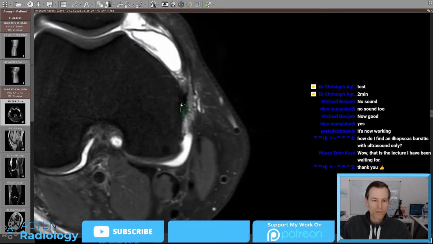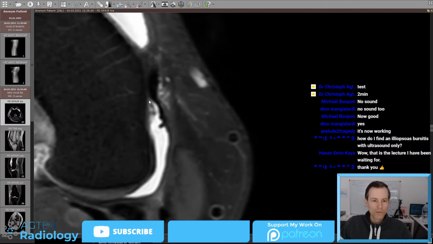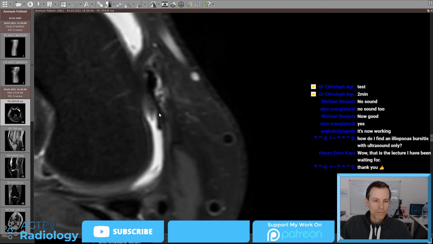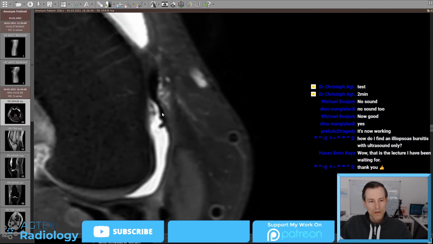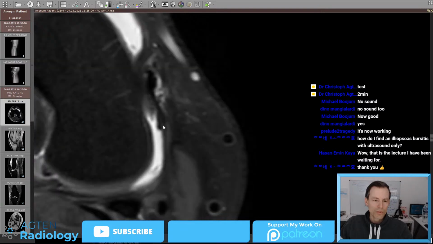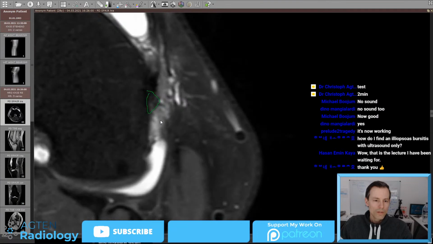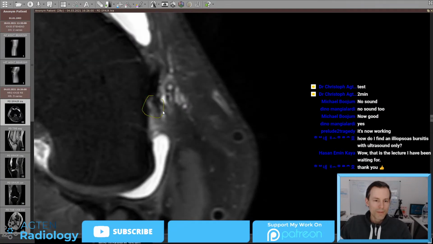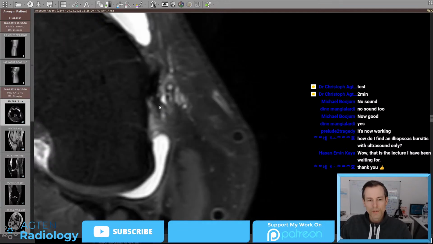This would be the origin of the posterior oblique ligament, and we can somehow imagine that there would be maybe something that could be a ligament, or at least an enforcement of the joint capsule of the posterior medial structure here. And here there is a lot of edema, and this is now also an injury of the origin of the posterior oblique ligament, and they are also associated with these kind of injuries of the ACL.